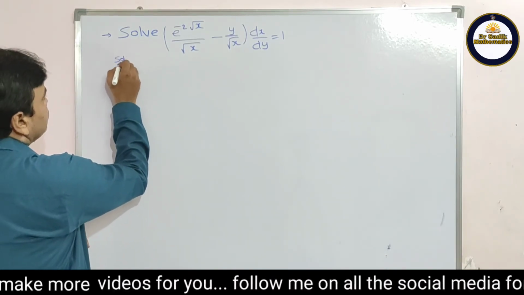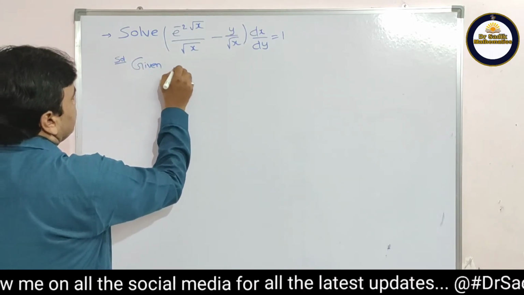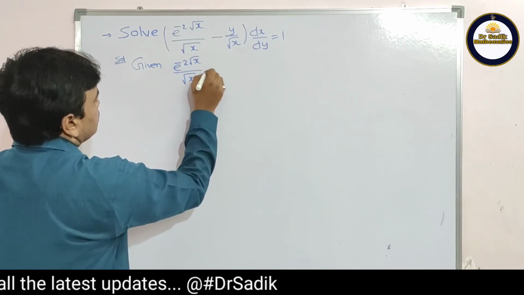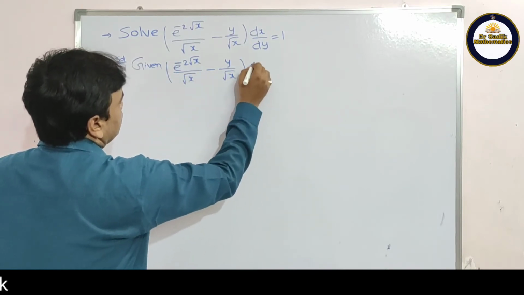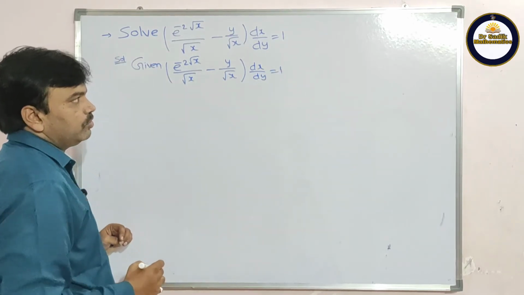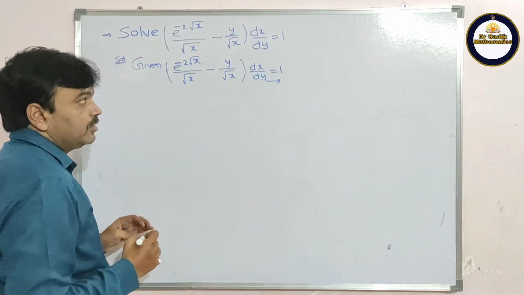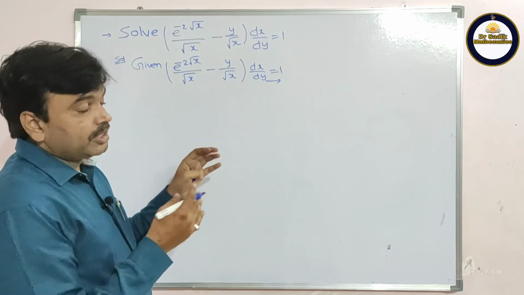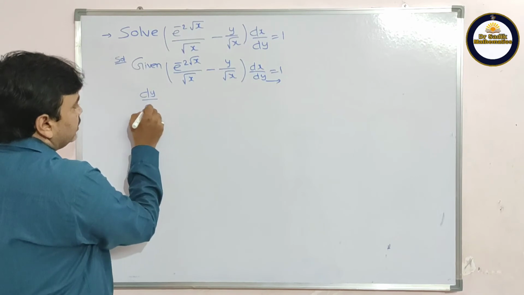Given e power minus 2 root x by root x minus y by root x into dx by dy, that is equal to 1. Now you take this term to the right hand side, friends. Then we get 1 by dx by dy, that can be written as dy by dx.